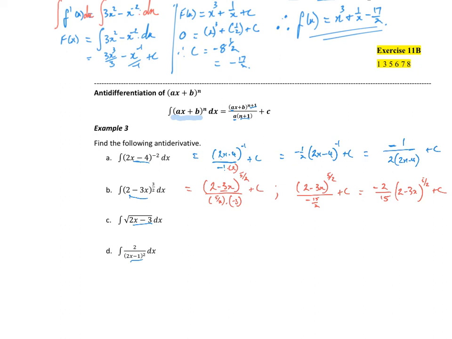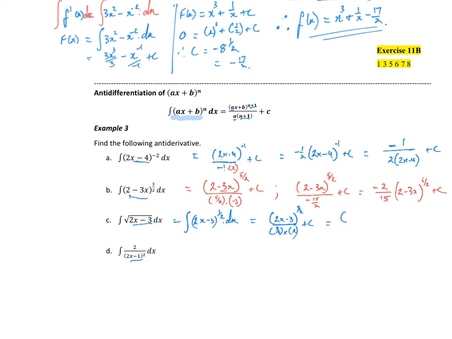C, let's rewrite it initially as the power. So it's 2x minus 3 to the power of a half with respect to x, equal to 2x minus 3, add 1 to the power, so it's the 3 on 2, divide by the power, which is 3 on 2, times the coefficient of x, which is 2, plus some c.